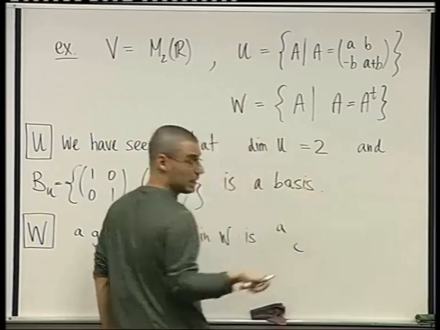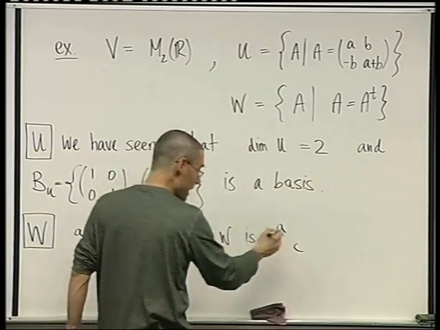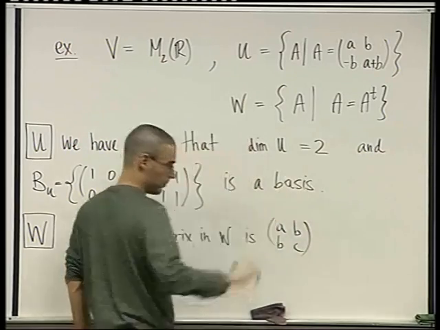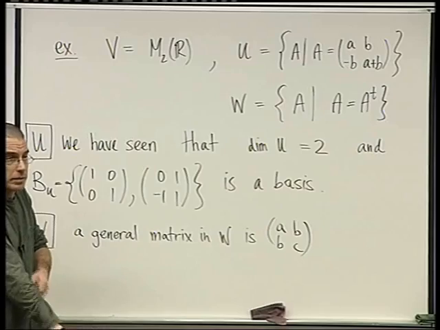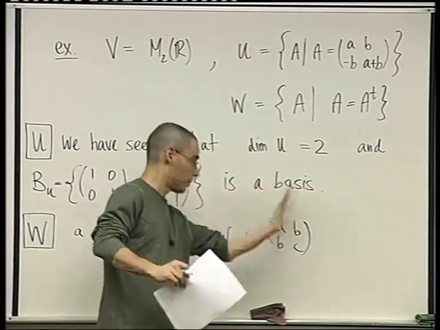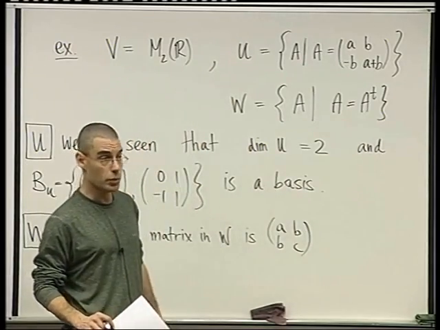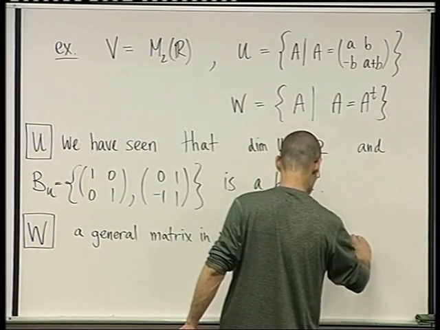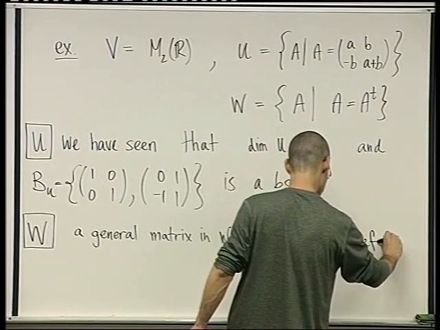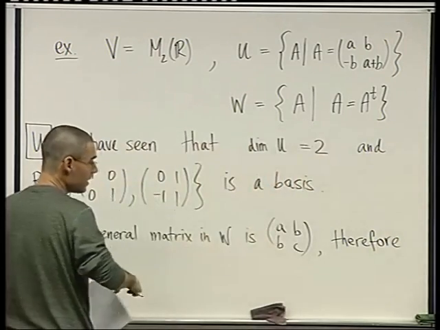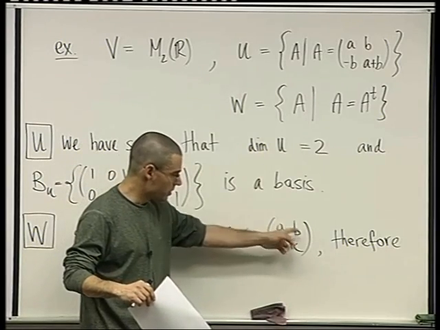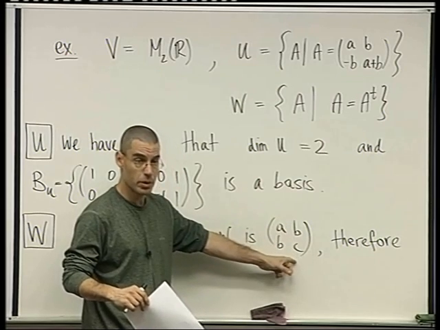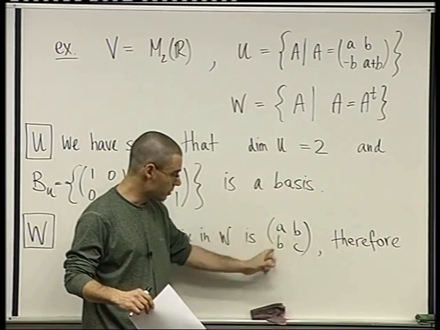A and C can be anything, and being symmetric imposes that B here has to be the same as B here. Do you agree? That's the property of being symmetric. When you do the transpose, you get the same thing. Do you agree? Okay. Therefore, I can write this as A times 1, 0, 0, 0 plus B times 0, 1, 1, 0 plus C times 0, 0, 0, 1.